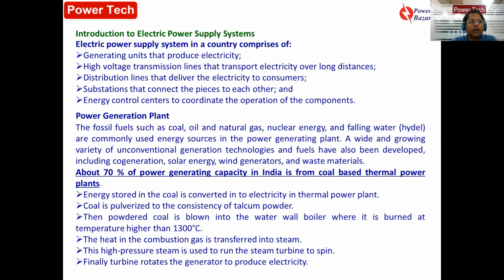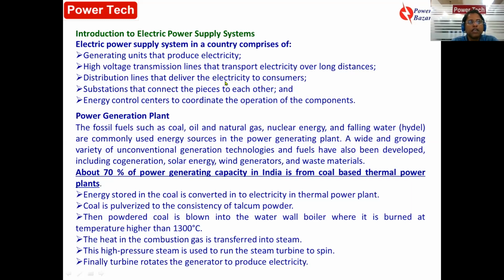Now, let us come to the introduction of electrical power supply system. As you know, electrical power supply system in a country comprises generating units that produce electricity, high voltage transmission lines that transport electricity over long distance, distribution lines that deliver the electricity to consumers, substations that connect the pieces to each other, and energy control center to coordinate the operation of the components.